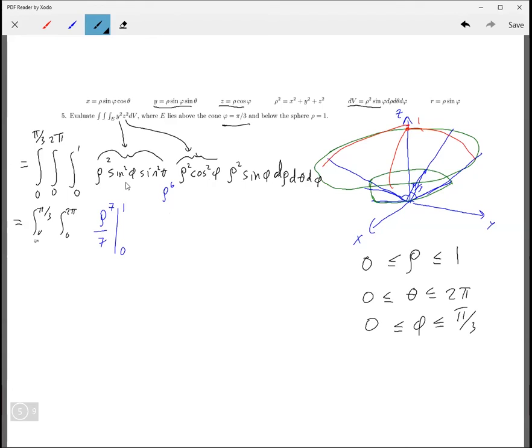You've got sine squared phi, sine squared theta, cosine squared phi. Is it phi or sine phi? Then d rho.